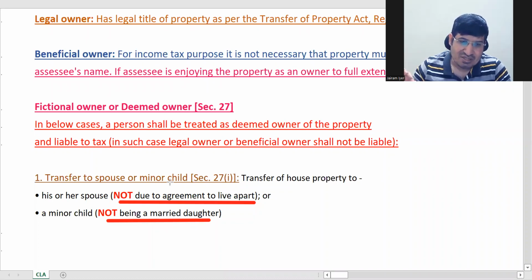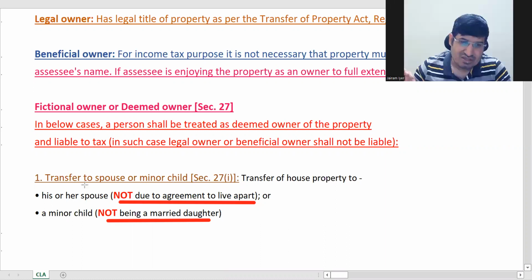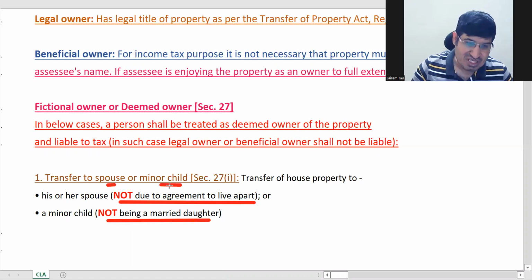So now here, transfer to spouse or minor child. Many times people transfer property to their spouse or minor child to escape tax. Such tax has to be brought to book in the hands of the proper person, which is why the person who has transferred is treated as deemed owner.